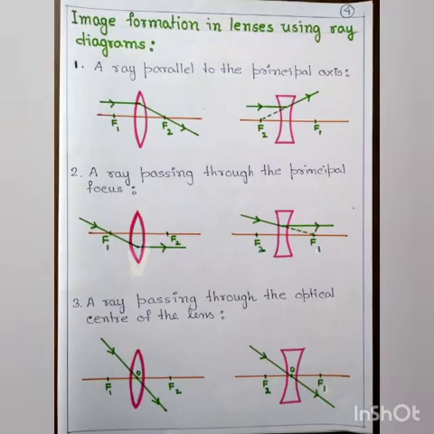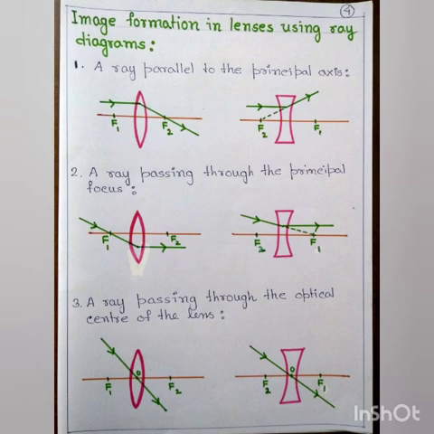Next we will discuss image formation in lenses using ray diagrams. For that we will consider the minimum rays we need to draw a ray diagram for image formation by a lens. Clear? So first we will consider if a ray parallel to the principal axis is incident on the lens, how it will travel after refraction.